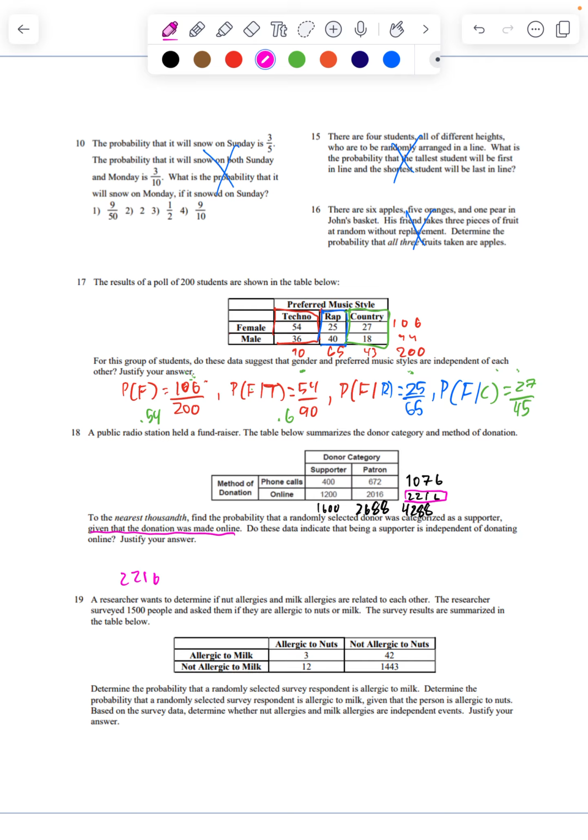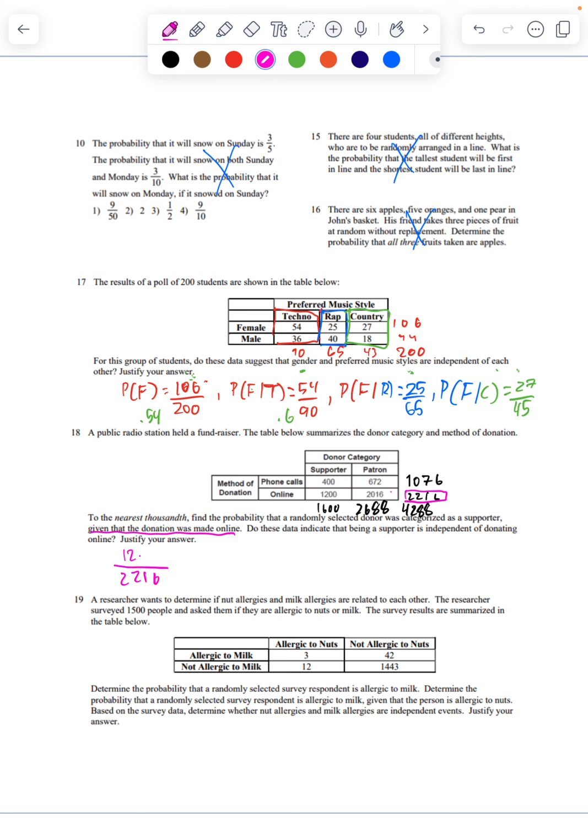That's what we're counting out of. Given the donation was made online, how many of those were supporters? So there's 216 patrons and 1200 out of the supporter class.